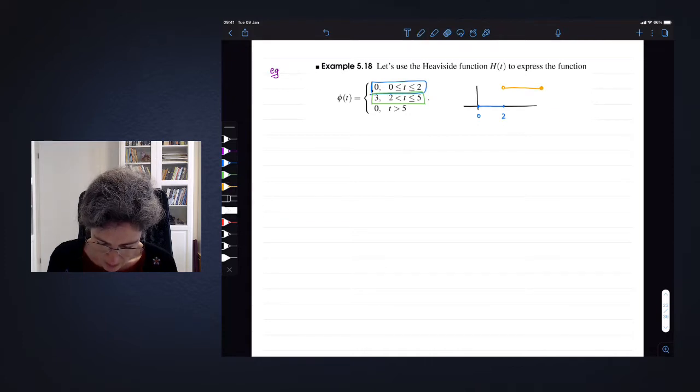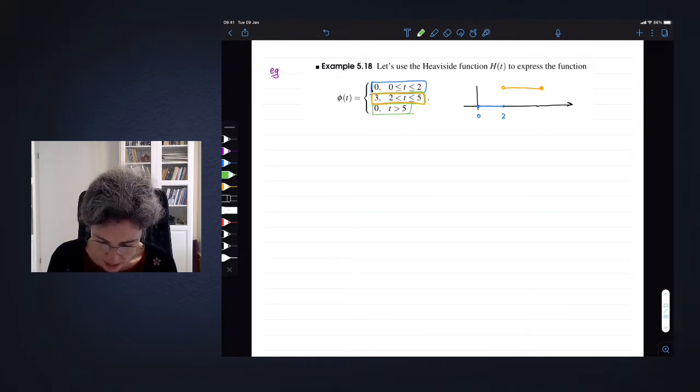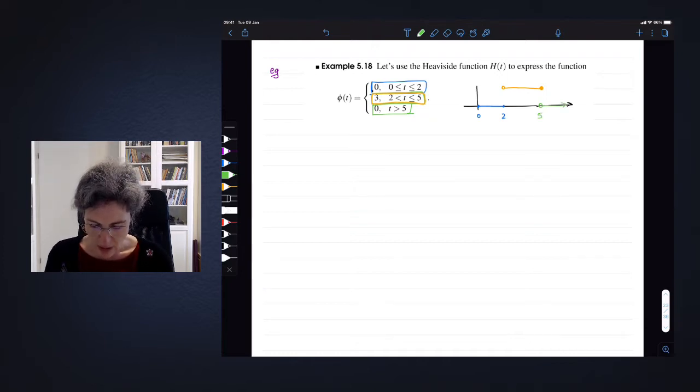And you'll notice that I'm being a little bit careful here to use the correct open and closed circles, but don't worry too much about that. So that I should actually have marked in yellow. And then finally, for t bigger than 5, we want this to be equal to 0. So at 5, we're going to head back down to 0. Okay, so that's 5. Alrighty.